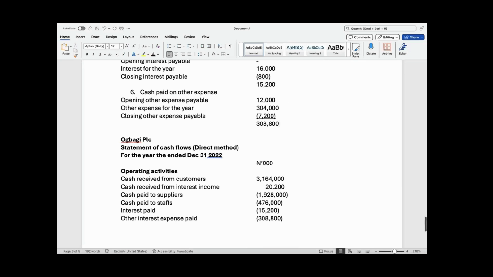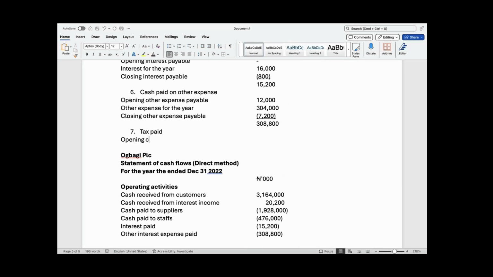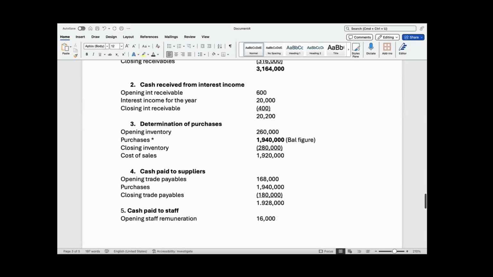So first is my opening current tax. How should I make it easier for you? Okay, let's do this. My opening for the current is 56,000. For the deferred is 20,000. So 56,000 plus 20,000 gives me how much? 76,000.